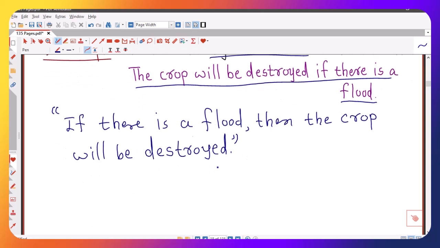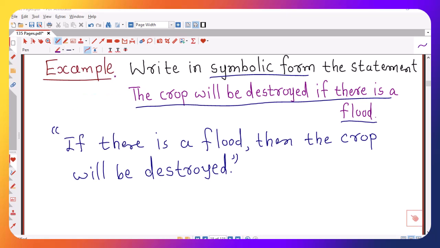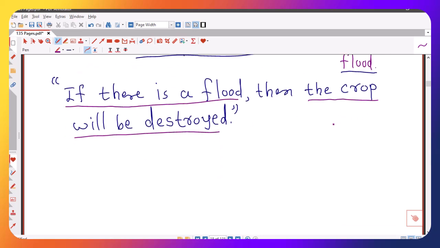Now to write this in symbolic form, we can see that here I have two statements: first, there is a flood, and second, the crop will be destroyed. So we have this type of situation, P implies Q. If P is true, then Q is true. We write P as: there is a flood.